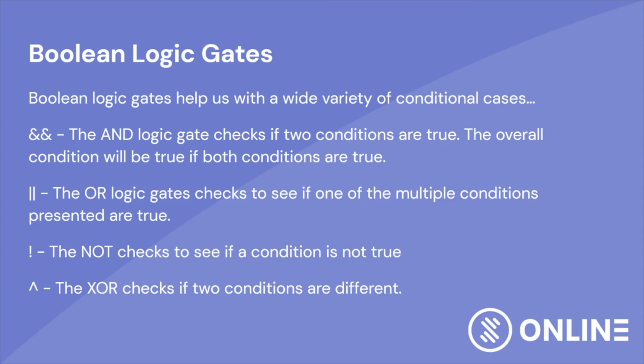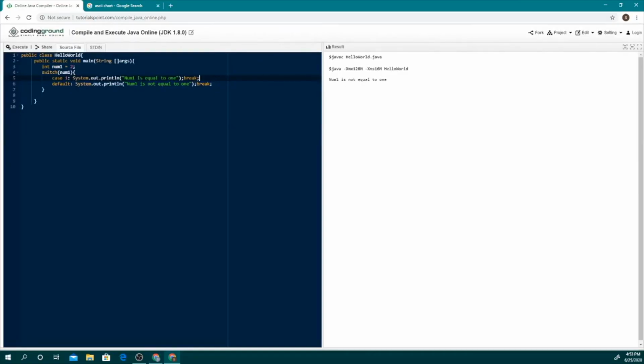The OR logic gate checks to see if one of the multiple conditions presented are true. The NOT checks to see if a condition is not true, and the XOR checks if 2 conditions are different. So those are the basic logic gates. This is how to use AND.